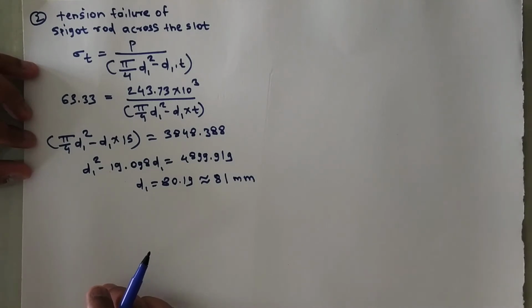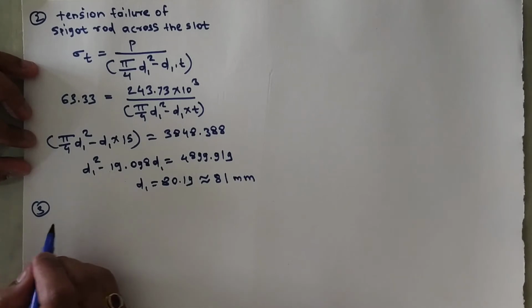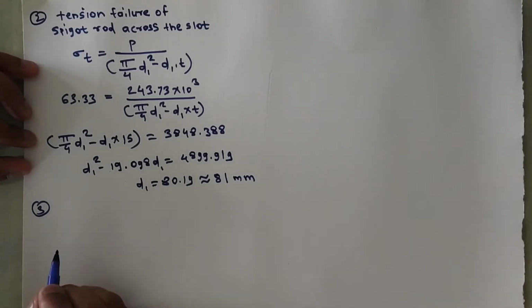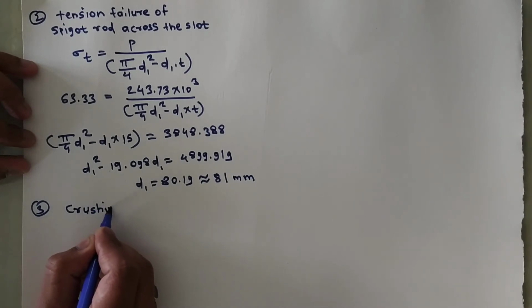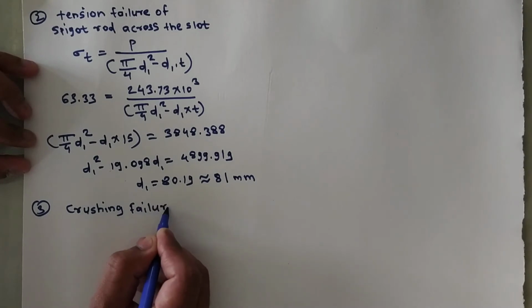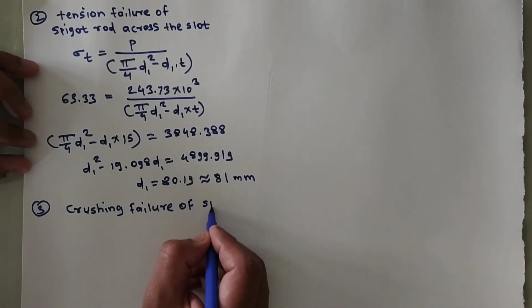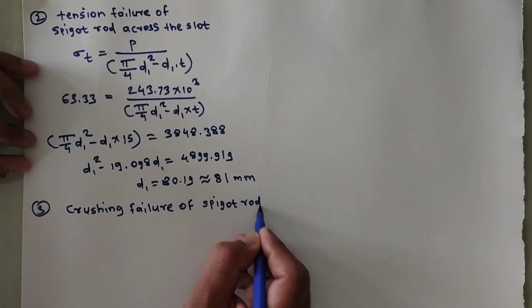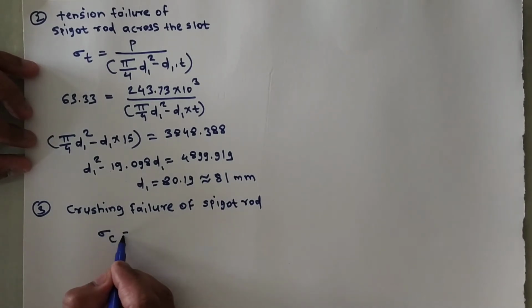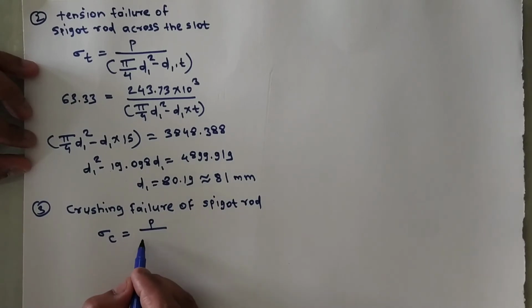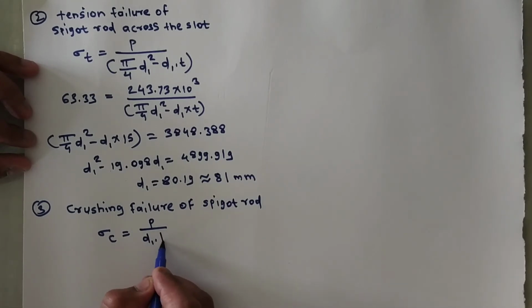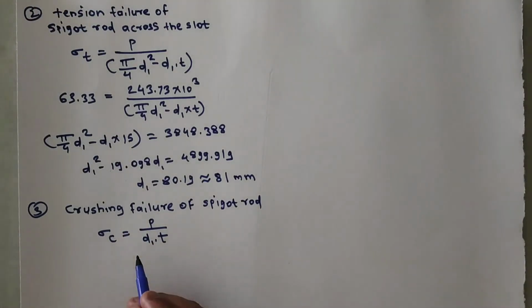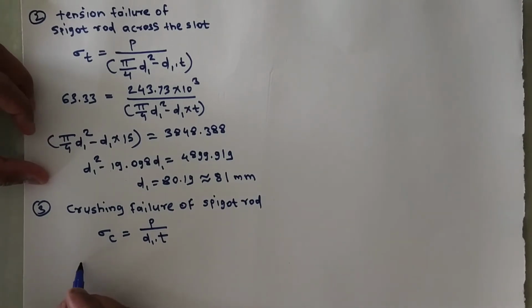Now moving ahead to the next step 3. As we are given the crushing stress, the crushing failure of the spigot rod can be found out: sigma c equal to P upon the area across the spigot rod, that is d1 into T. So we know that sigma c is 126.667.